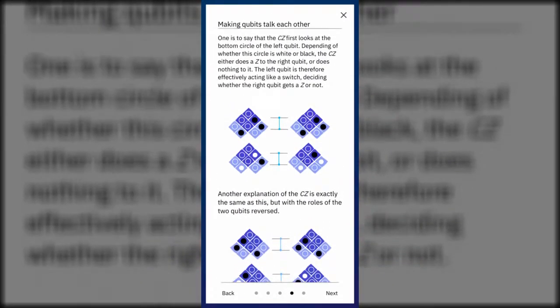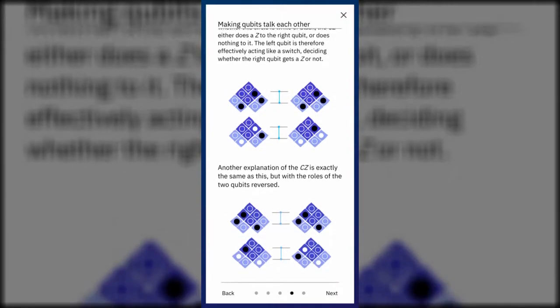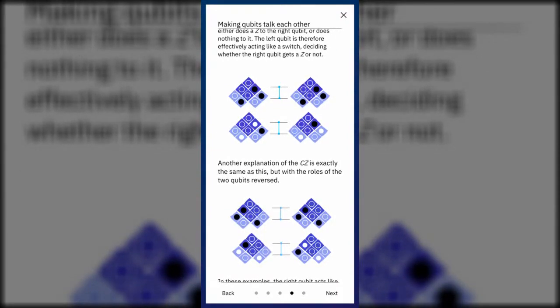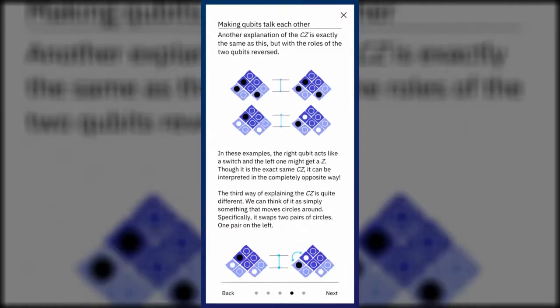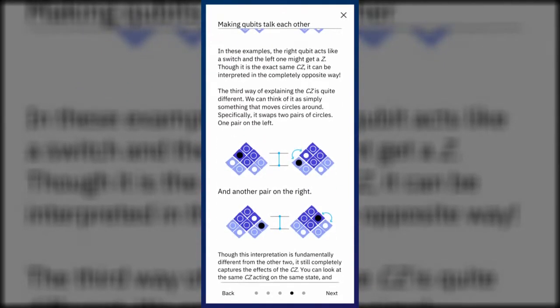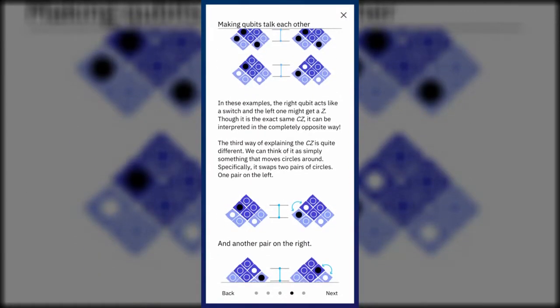So you could intuitively say that when you do a control Z, and one of the qubits is in a certain state, as in a 0 or a 1, it flips the other certainty. Maybe. It's complicated, man.